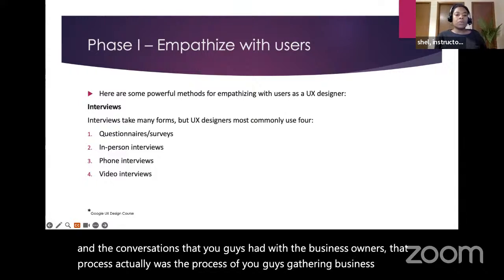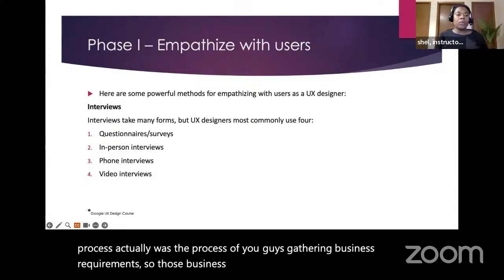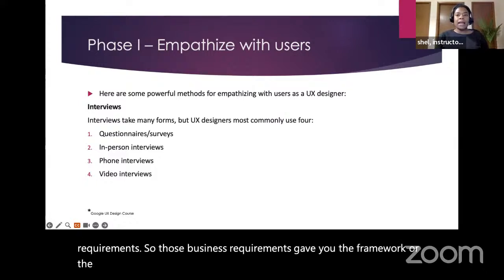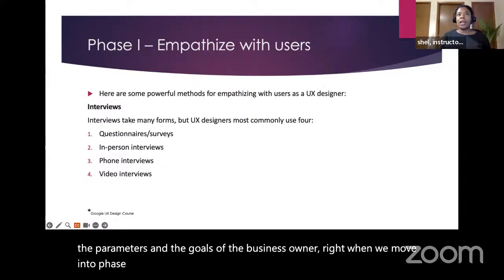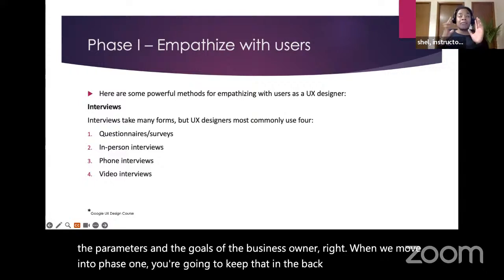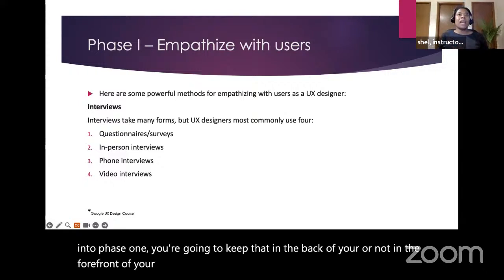Those business requirements gave you the framework, the parameters, and the goals of the business owner, right? When we move into phase one, you're going to keep that in the back, not the forefront, of your mind as you design.